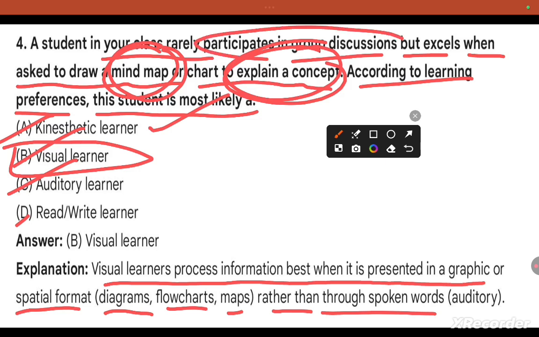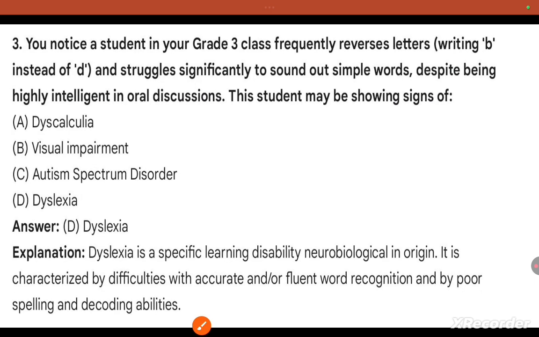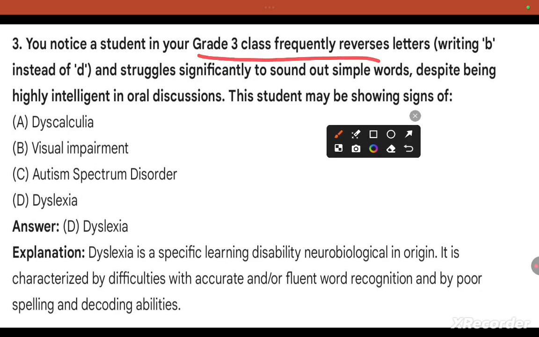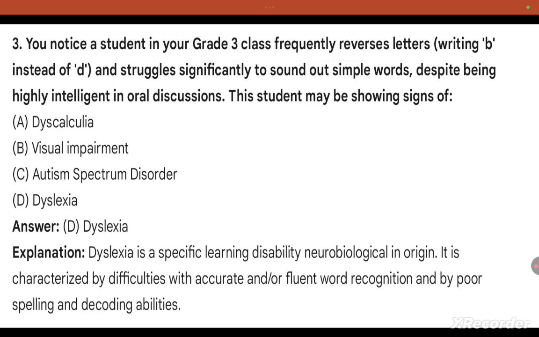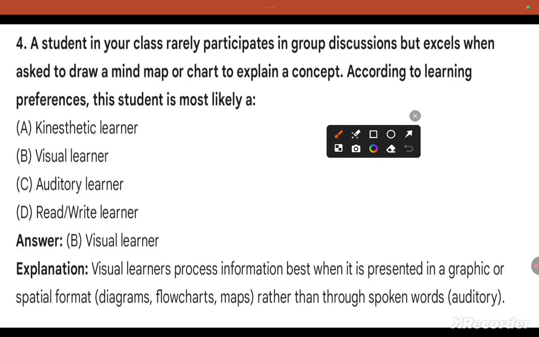There is a little inability in participation in group discussion, but great ability in mind maps and concept explanation. So that is a visual learner.